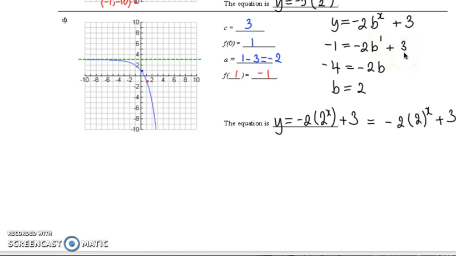Subtract 3 from both sides of the equation. I get -4 equals -2b. Divide both sides by -2. b is 2. In other words, I have the equation y equals -2 times 2 to the power of x, plus 3.